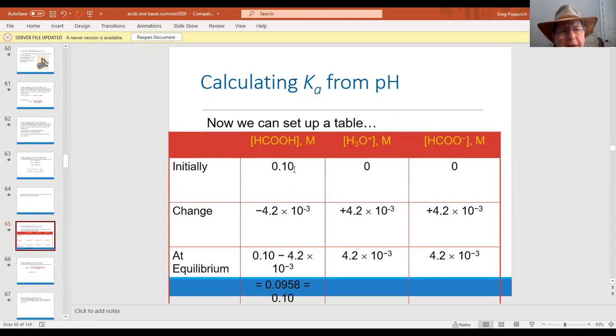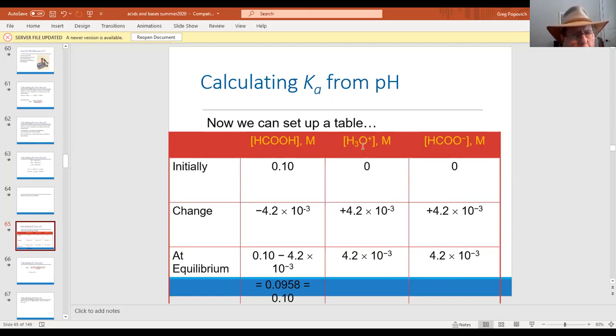Initially, my formic acid was 0.10 molar. I had no H3O, I had no formate. At equilibrium, I know the concentration of my H3O because I figured it out from the pH. The concentration of my formate is the same as my H3O. So the change of both of those is a plus 4.2 times 10 to the minus 3.